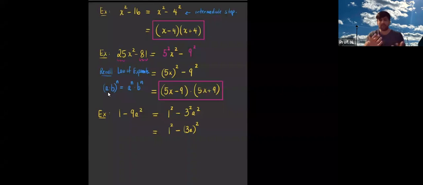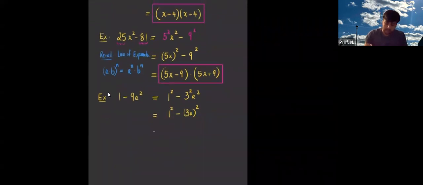Now this is the difference of perfect squares. I got something squared minus another thing squared. I got 1 squared minus (3a) squared. So by the difference of perfect squares factorization, I can now write this as 1 minus 3a multiplied by 1 plus 3a.